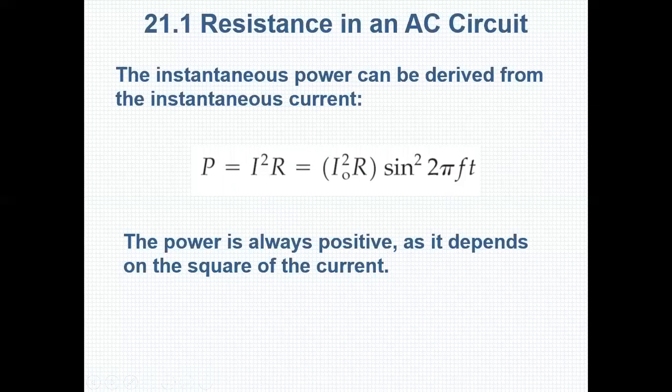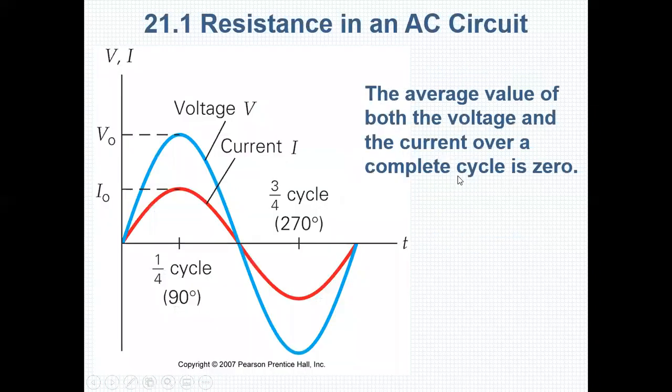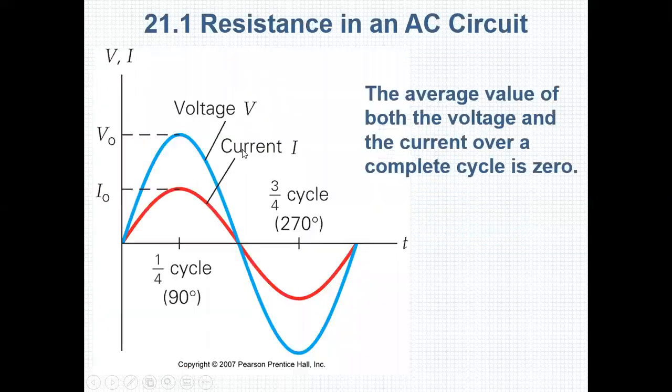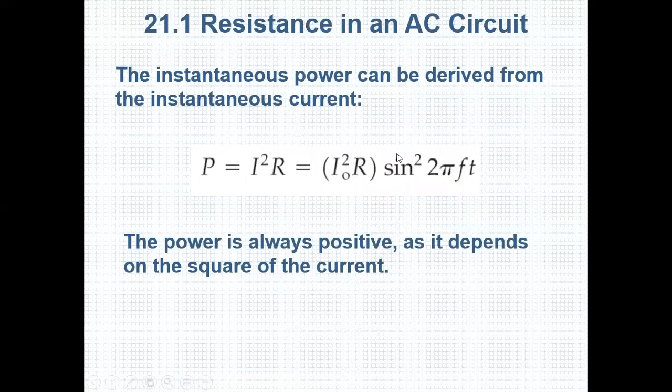If you insert the value of I, we get I naught squared sine squared omega t. The current I is equal to I naught, which is the peak current, times sine omega t. So we can get this expression.